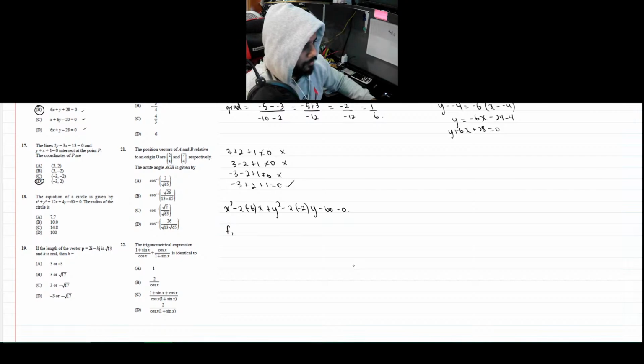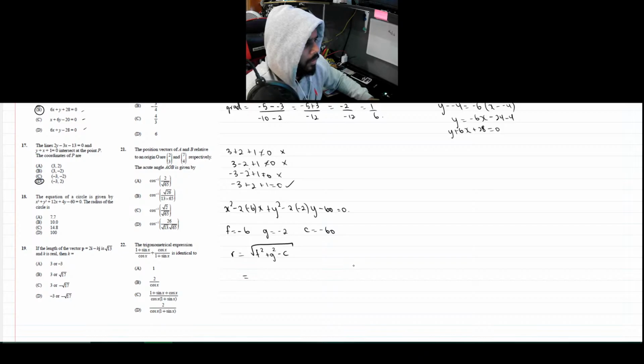So f is minus 6 and g is minus 2. c is minus 60. The radius is the square root of f squared plus g squared minus c.